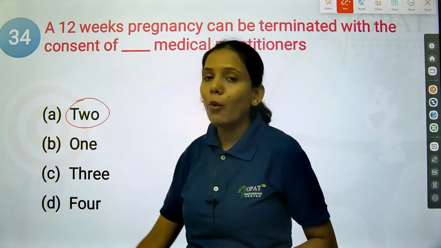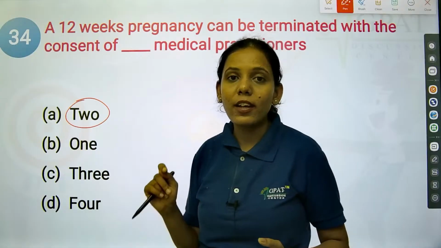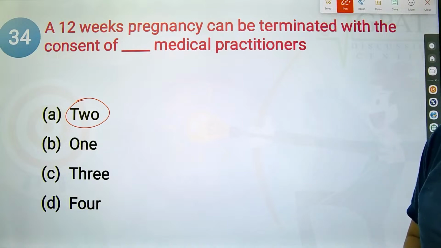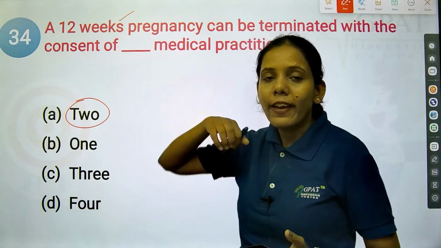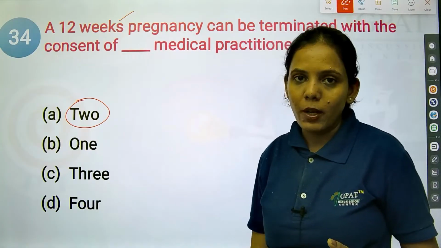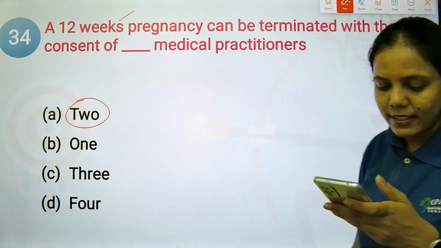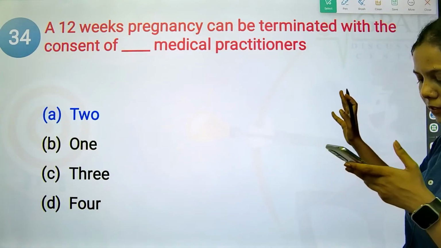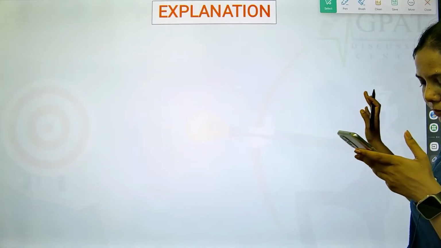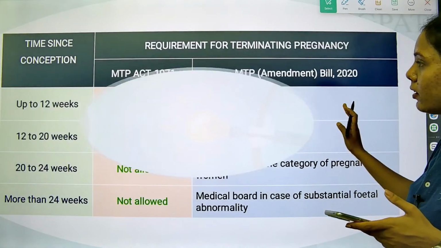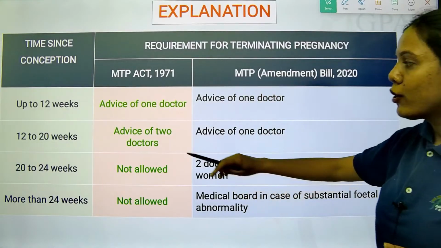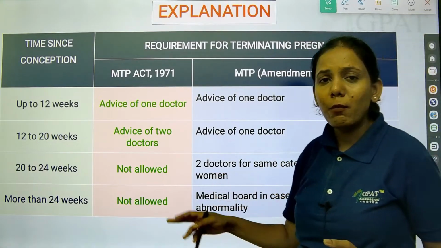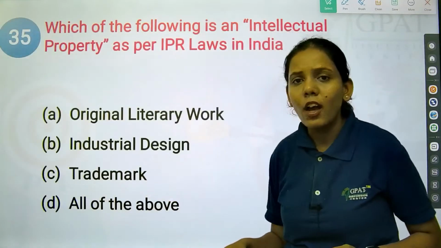The opinion of 2 registered medical practitioners is required for the termination of the pregnancy, because at 12 weeks the time is more. If it is less, 1 is sufficient, but when it is 12 weeks, the complication increases. That is the reason it is 2. So advice of 1 doctor, advice of 2 doctors when it is 12 to 20 weeks. Not allowed at 20 to 24 and more than 24, because more complications are there. So generally it is not allowed.